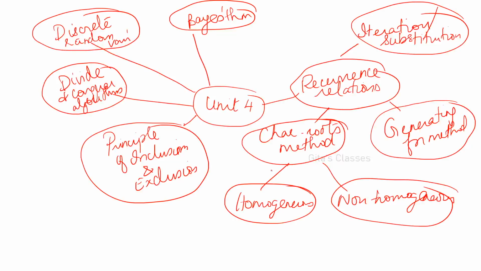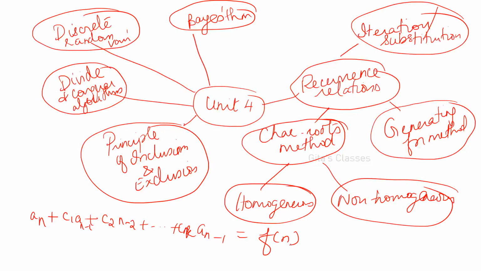And in characteristic roots method, homogeneous and non-homogeneous. Generally we will have C0 an plus C1 an minus 1 plus C2 an minus 2 plus etcetera plus Ck an minus k is equal to a function of n.